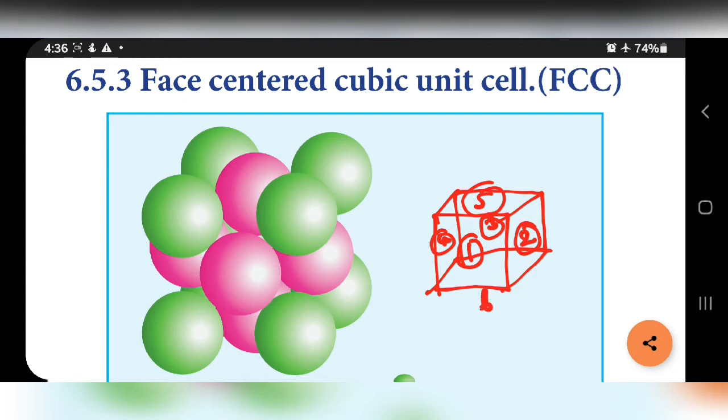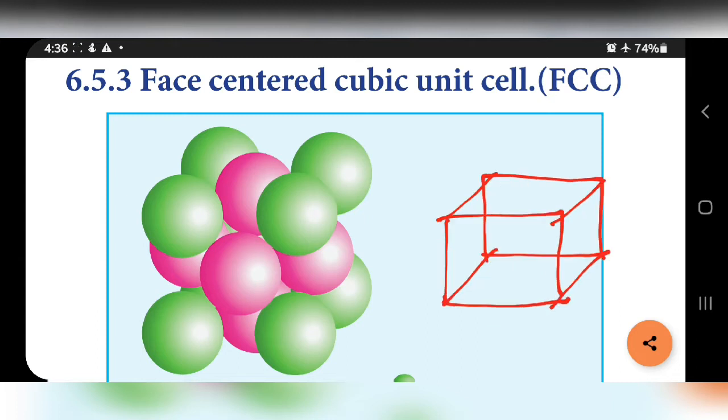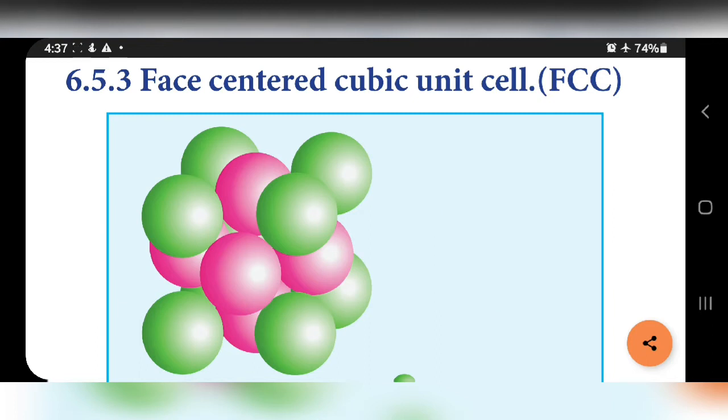Totally 6 surfaces. Face center means an atom present at the center of the face. Face means surface. So in this cube, atoms present at the center of the face, and it contains 6 faces. Atoms present at the center of the face is called face center cubic.